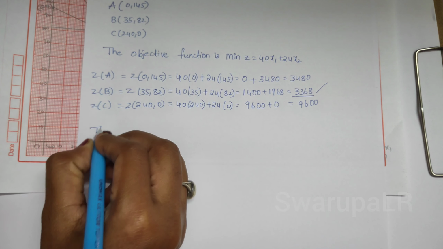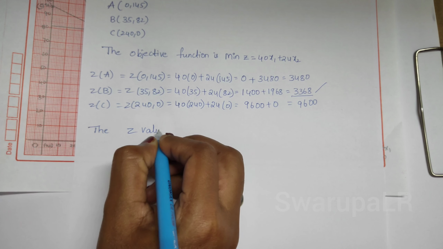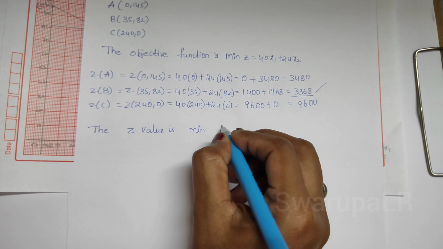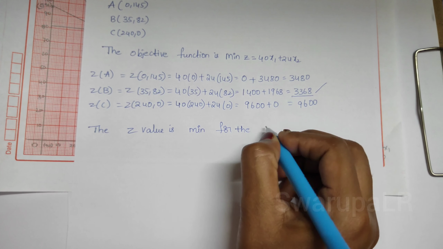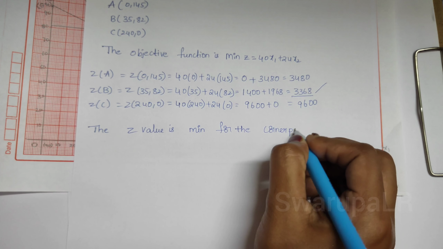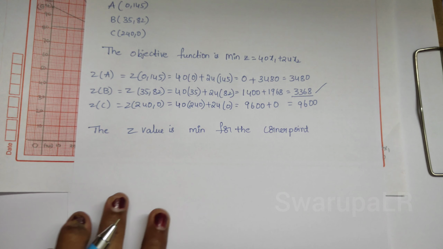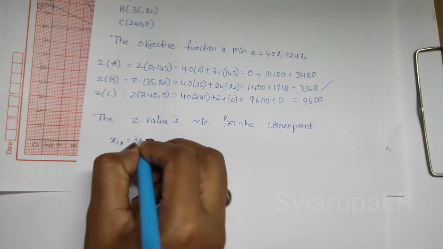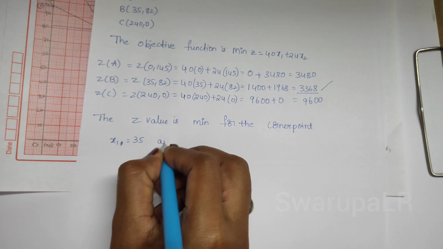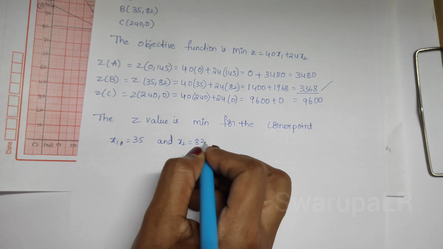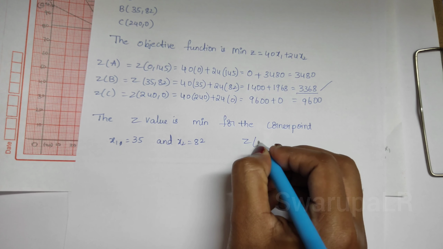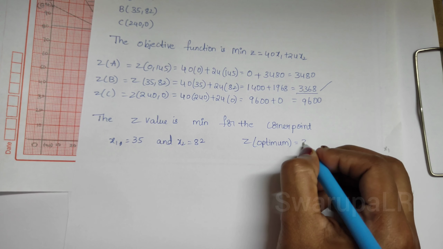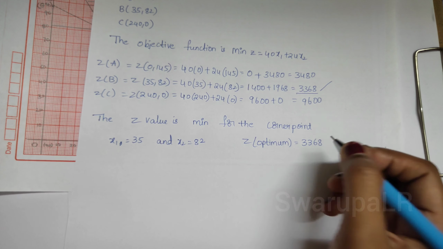Here the Z value is minimum for the corner point x1 is equal to 35 and x2 is equal to 82, and the optimum value is 3368. This is the optimum value.